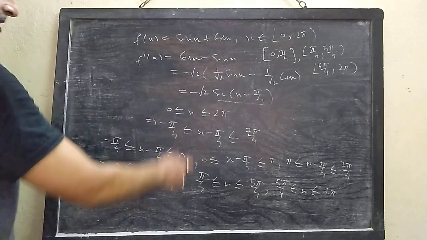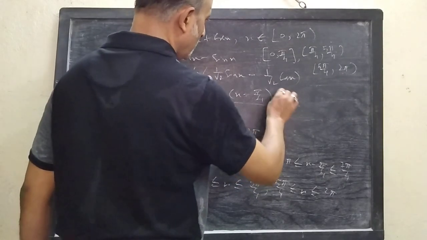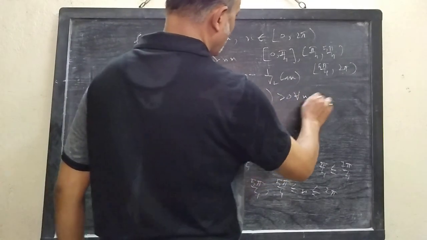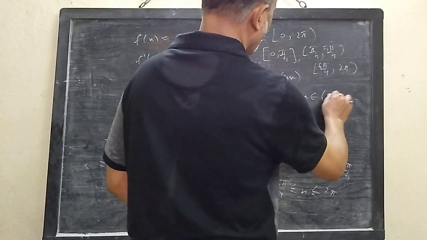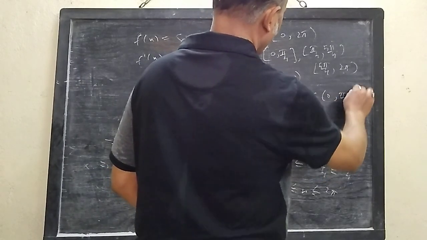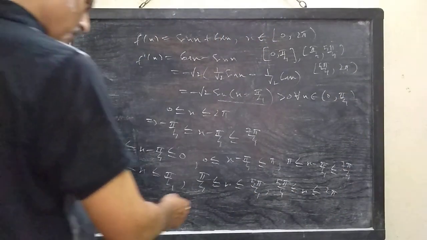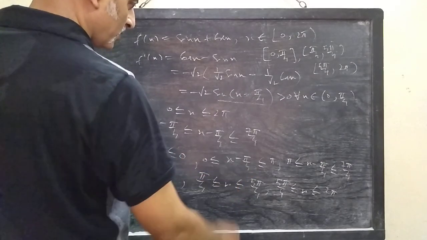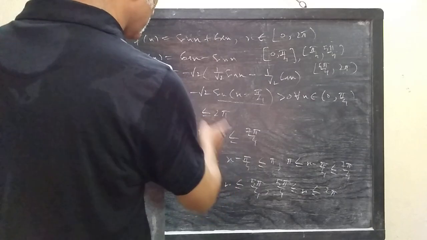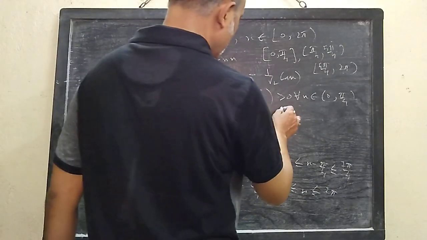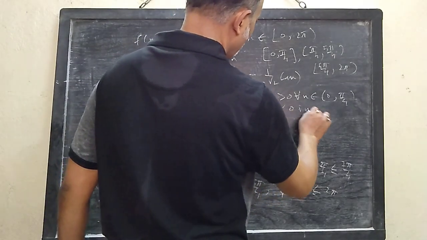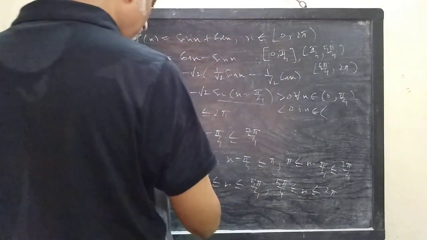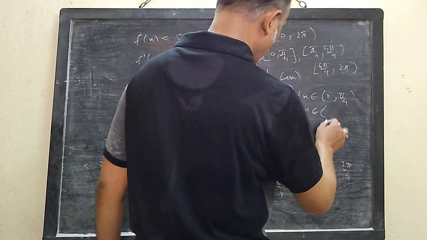Here already minus, so this will be greater than 0 for all x belongs to open 0 to pi by 4. Next, consider this interval. Then x minus pi by 4 lies between 0 to pi. Here the sign is positive, but minus root 2 is there, so this will be less than 0 for all x belongs to the next interval, pi by 4 to 5 pi by 4.